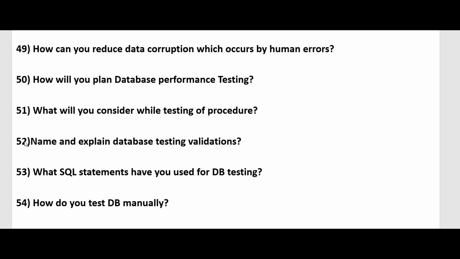Name and explain database testing validation. We do data mapping, ACID properties validation, and business rule adherence while doing database testing validation. Under data mapping, data often travels back and forth from the backend database to the user interface and vice versa.